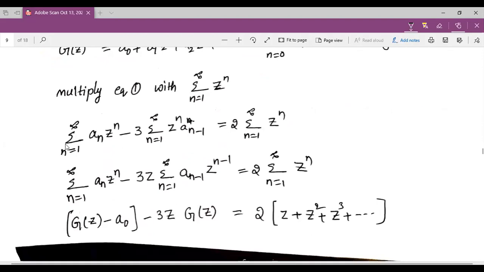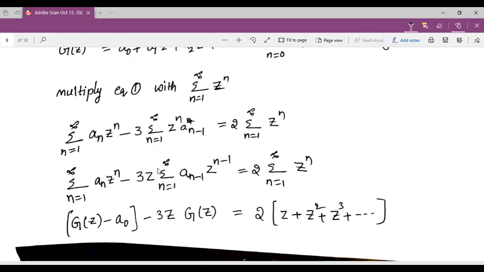So in summation n is equal to 1 to infinity an z power n, here the subscript is an minus 1. So for this term we multiply and divide with z, we get 3z summation n is equal to 1 to infinity an minus 1 z power n minus 1.